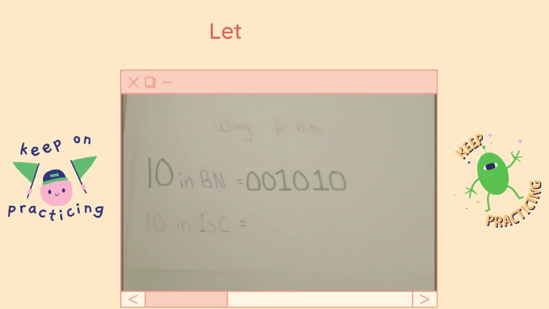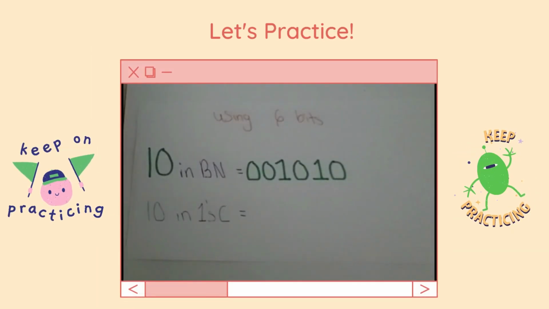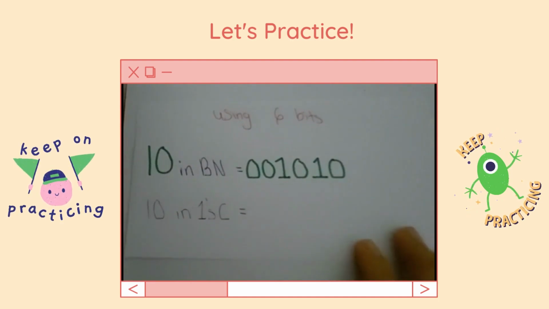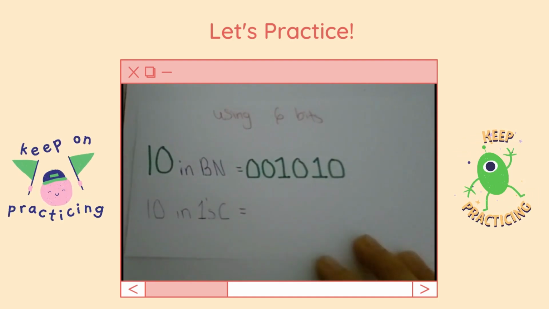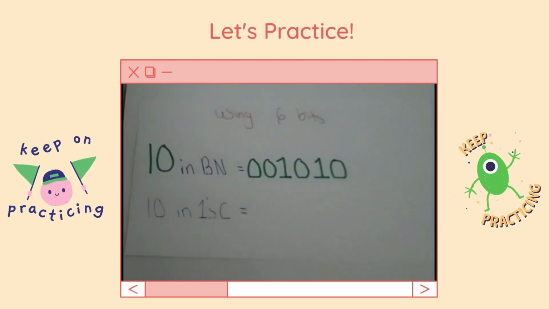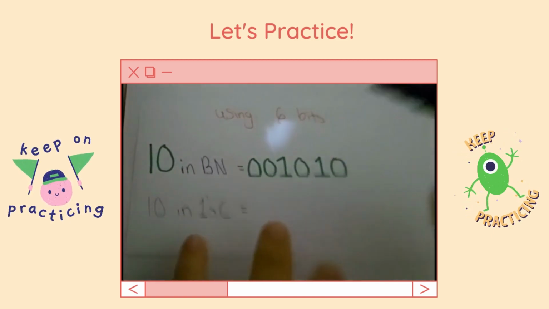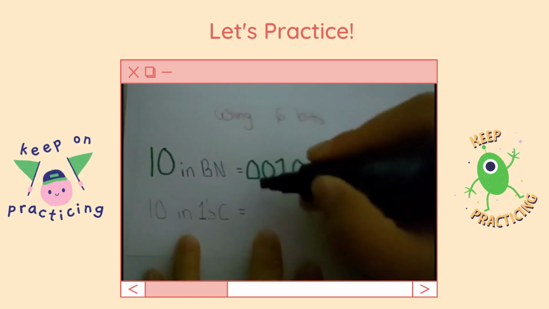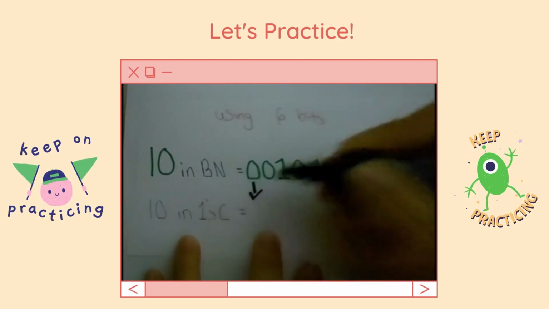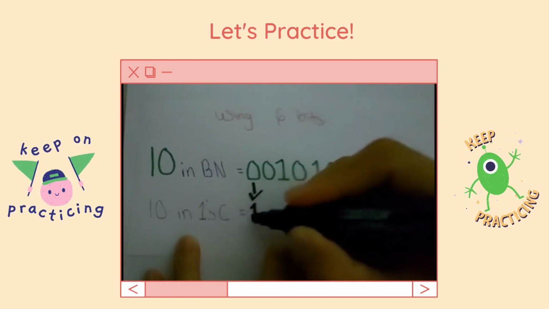The previous numbers we turned into binary are the same numbers we're now going to turn into one's complement. Remember that one's complement is the inversion of binary numbers. So enough talking, let's start. If it's the inversion, this 0 will now become a 1.